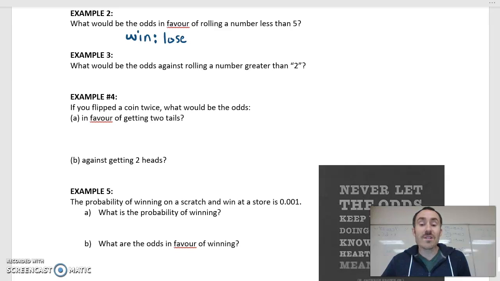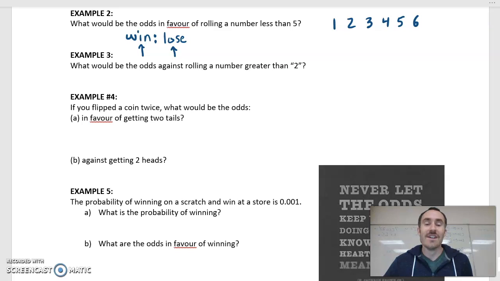What are all the ways that we can get a number less than 5? Those go there. What are all the numbers that are 5 or more? Those go here. So let's look at our list: 1, 2, 3, 4, 5, 6. 6 sides, almost stopped at 5.